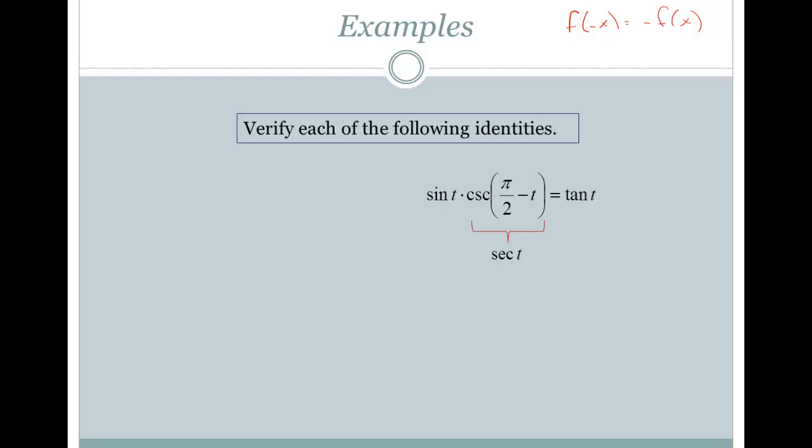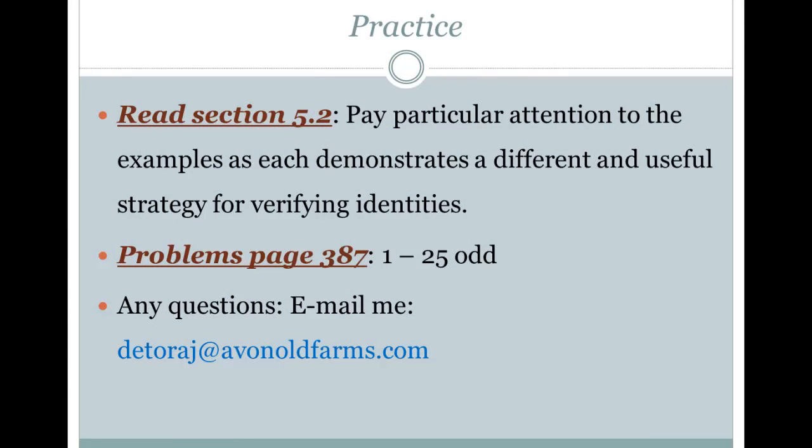If I make that substitution, I get sine t times secant of t. Well, I know what secant of t is. Secant is 1 over cosine. So now I have sine times 1 over cosine, which is sine t over cosine t, which is equal to tangent. Okay? There are a couple of examples.